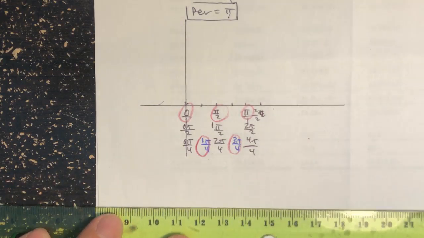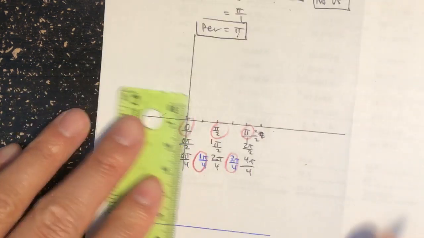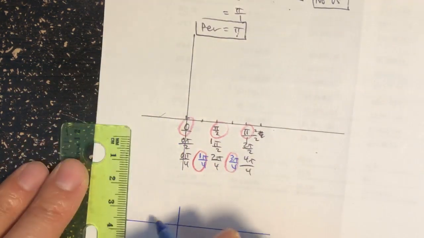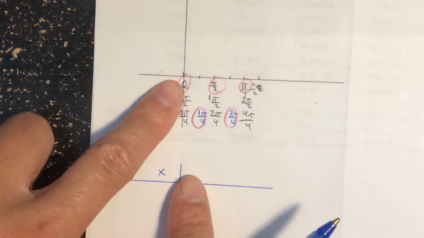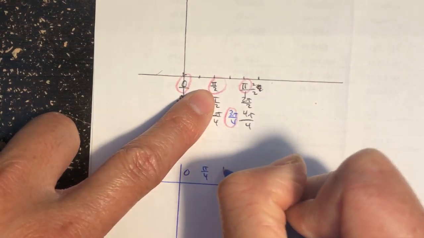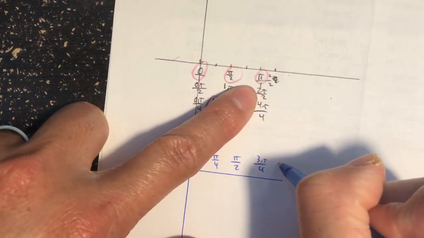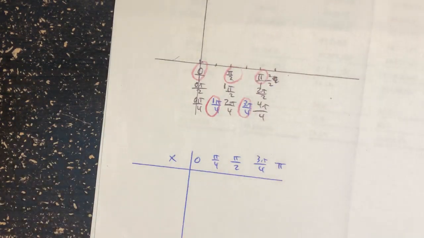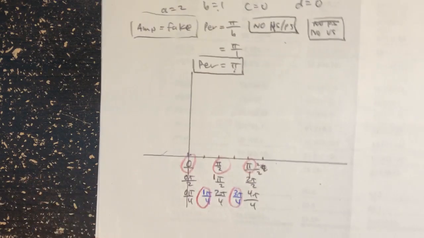So now I can just make my table. So now I have 0, pi over 4, pi over 2, 3 pi over 4, and pi. And then from here, remember, you're going from right to left.